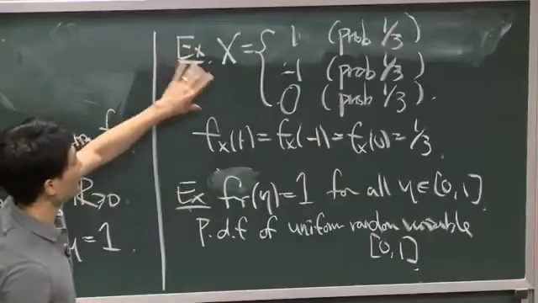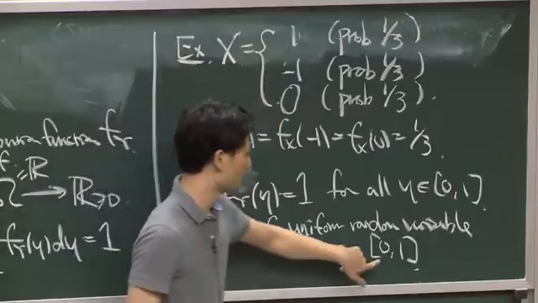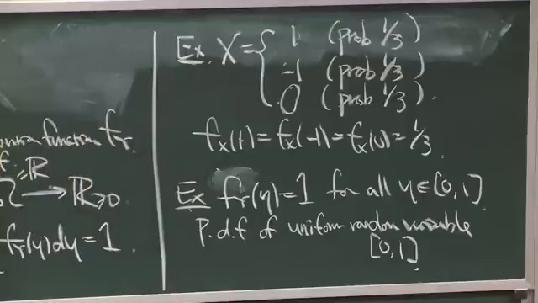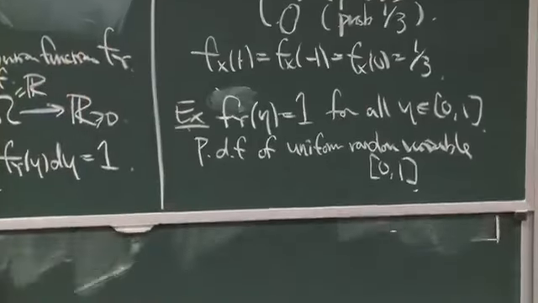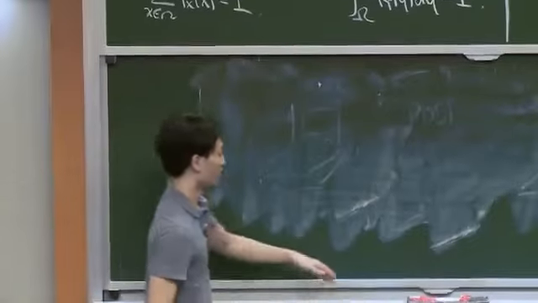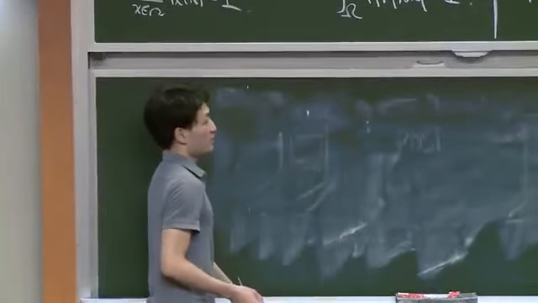So this random variable just picks one out of the three numbers with equal probability. This picks one out of all the real numbers between 0 and 1 with equal probability. These are just some basic stuff. You should be familiar with this, but I wrote it down just so that we agree on notation.